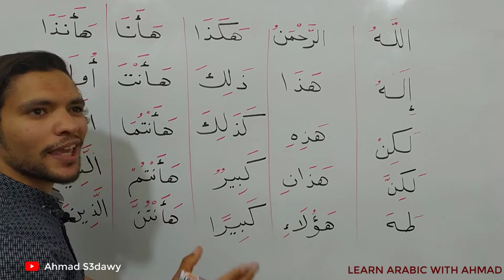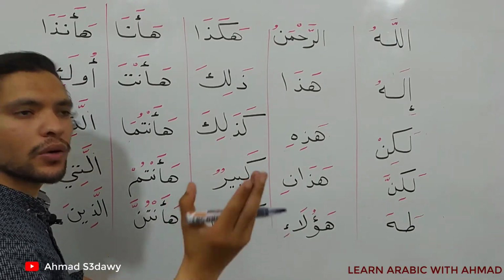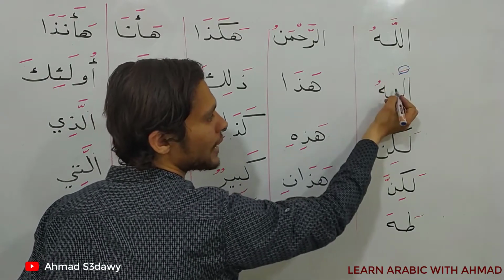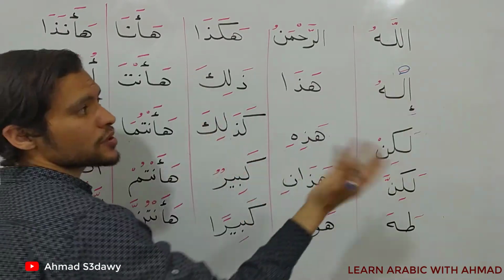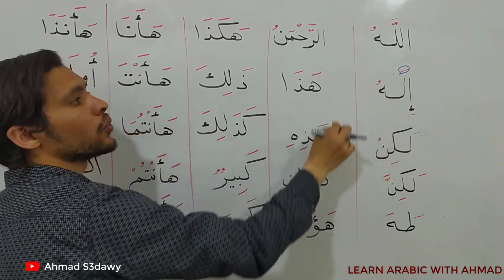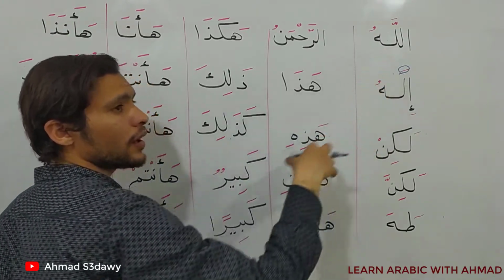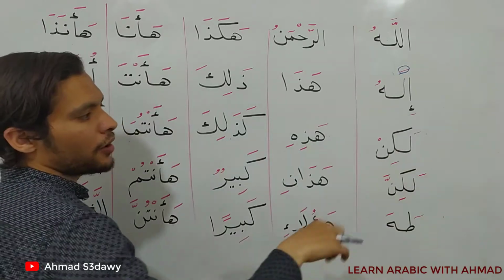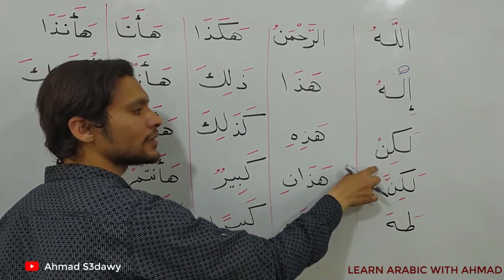And we do not say that, we say ilahu. So you lengthen the sound of the fatha because there is a long vowel here. Allahu, like Allah, the name of majesty. Ilahu, like God.